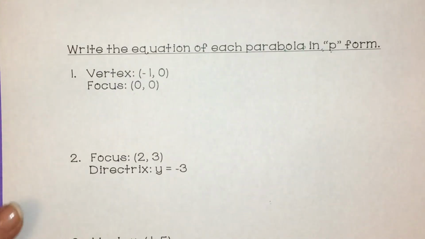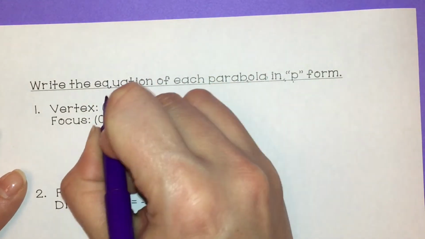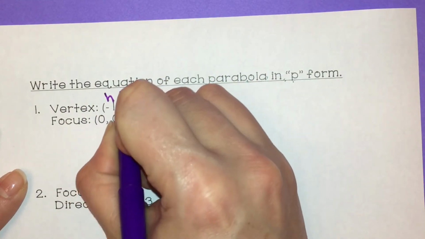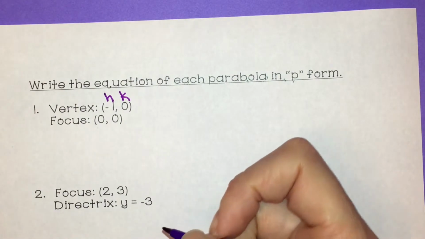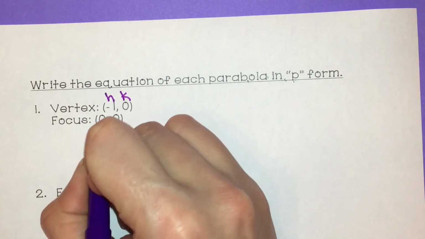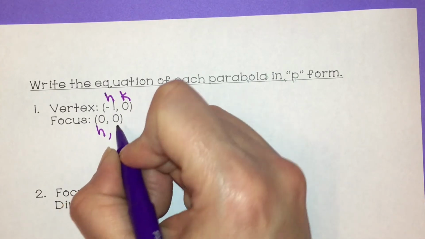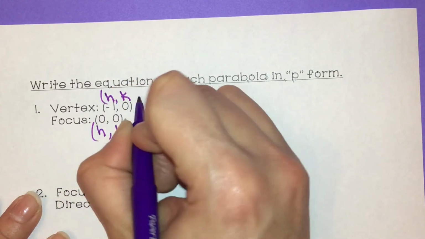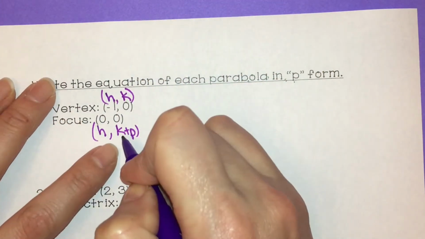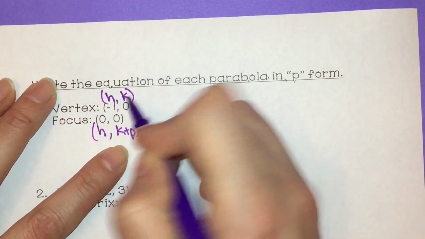So we have the vertex at (h, k). The focus we have at (h, k + p). So all we need to know is p. We know h and k.